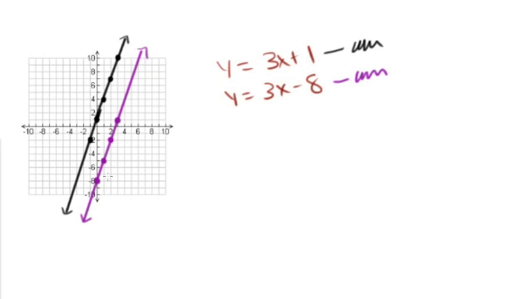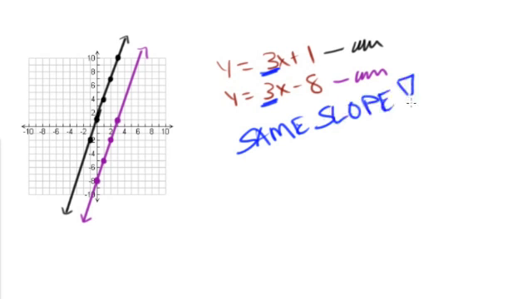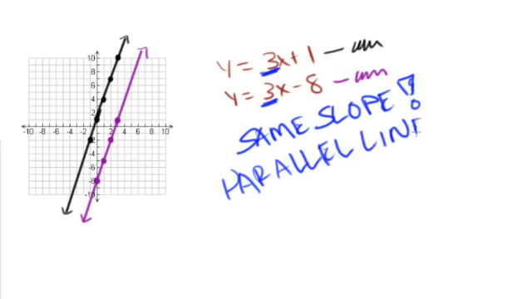As you can see, these lines are parallel because they have the same slope. That means they're parallel lines.